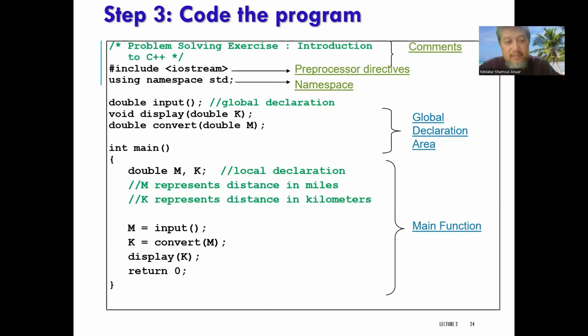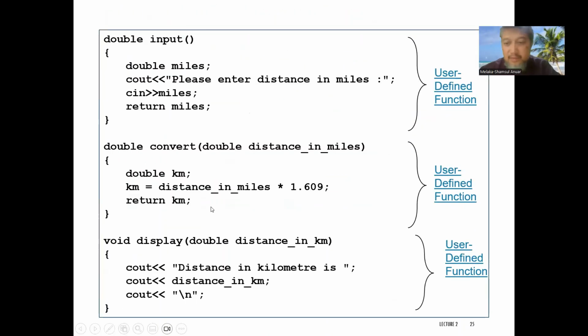Then we have double input, void display. Then convert is of a double type. Okay, so we can do this line by line.